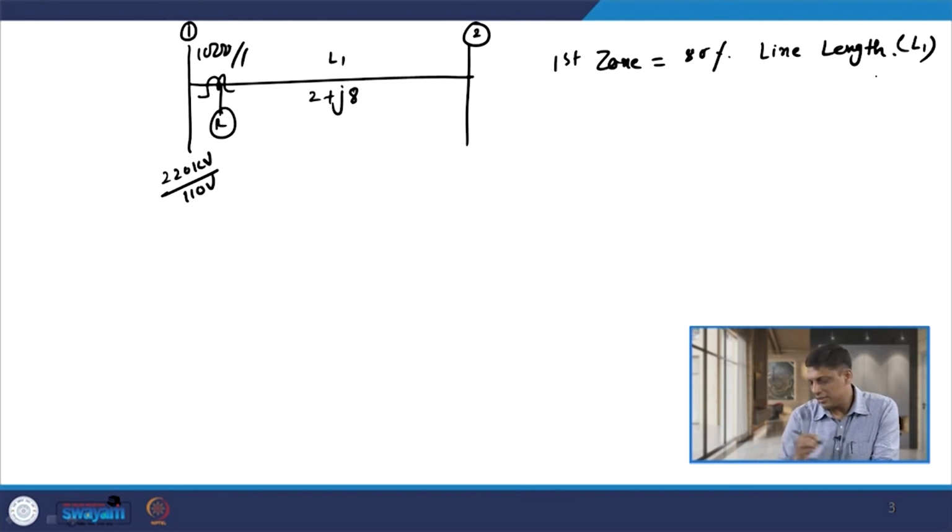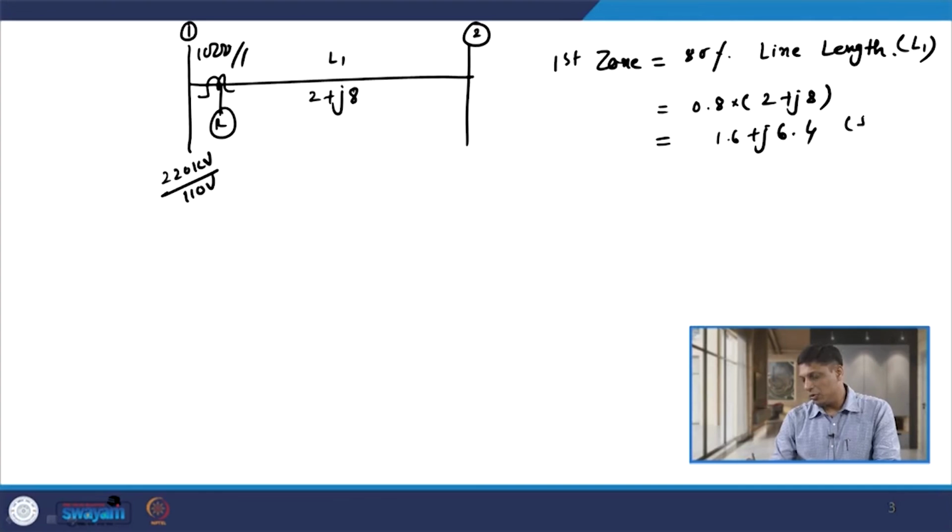If I take 80% of 2 plus J8, it comes out to be 1.6 plus J6.4 ohm. This is your Z1 primary, calculated as a primary value.